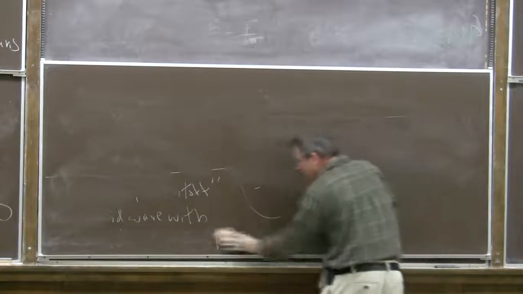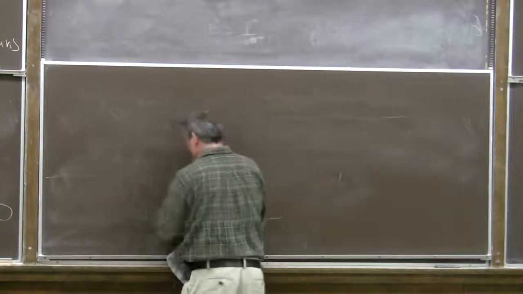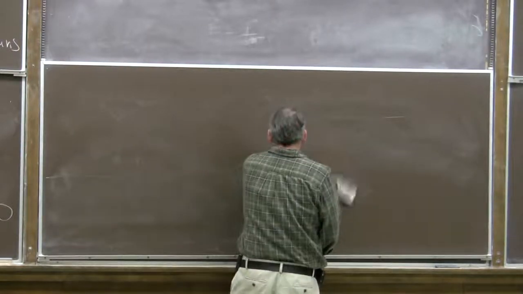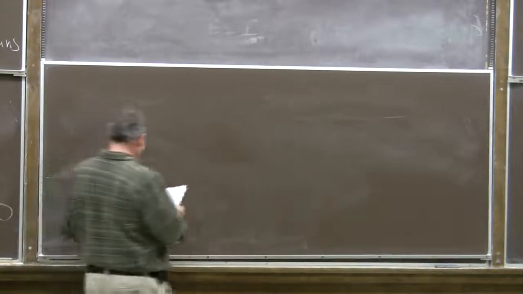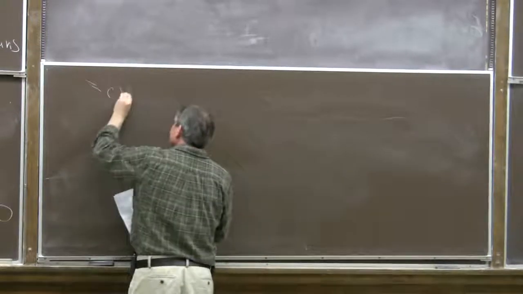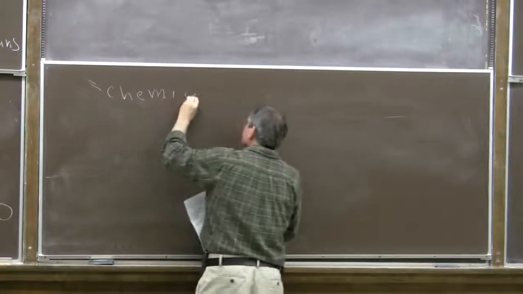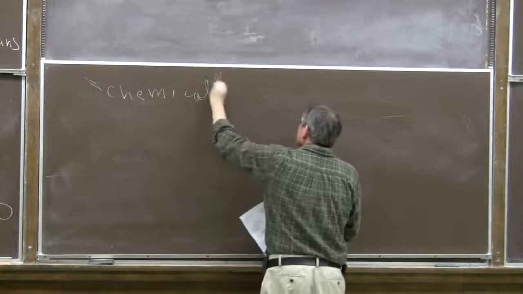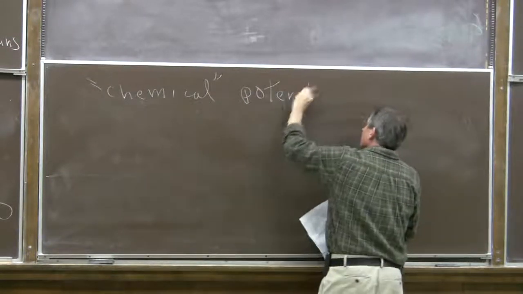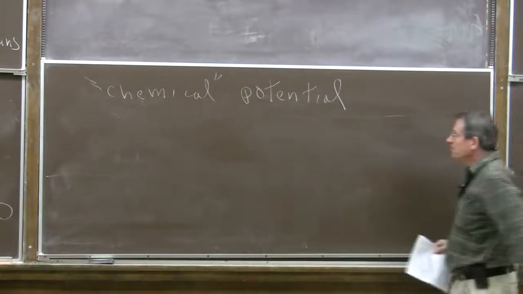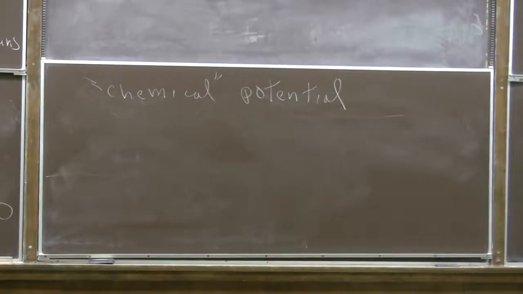So now I want to talk about a new topic, which is something called the chemical potential. Chemical in quotes, because that's what everybody calls it. And you're thinking, what is this, a chemistry class?